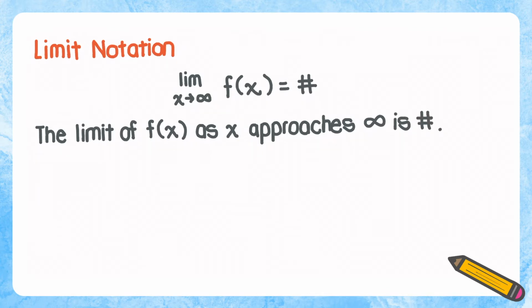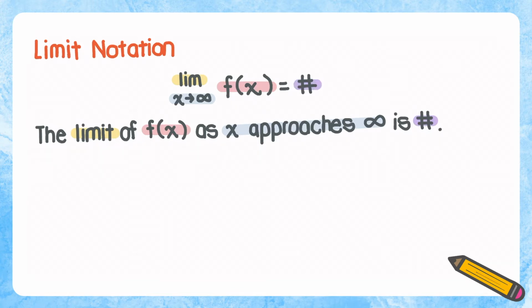And let me try to color code each part so you see which part corresponds to the parts in the notation. So here's the limit, and then we have the function f of x, and then x approaches infinity is denoted by the x and then the arrow infinity, and then there's the number, this part.